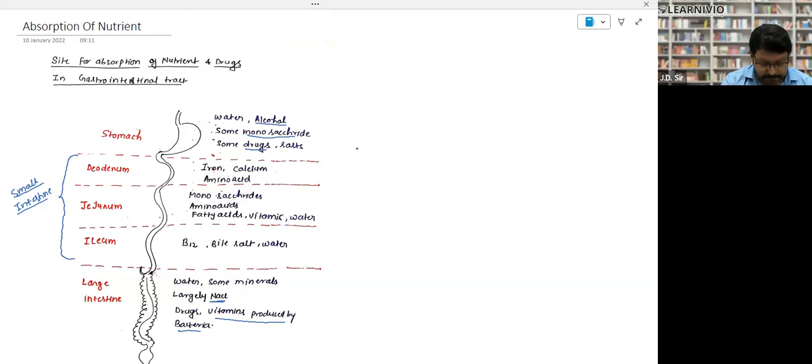Some water and salt, alcohol, and drugs are absorbed at the stomach. Next point.